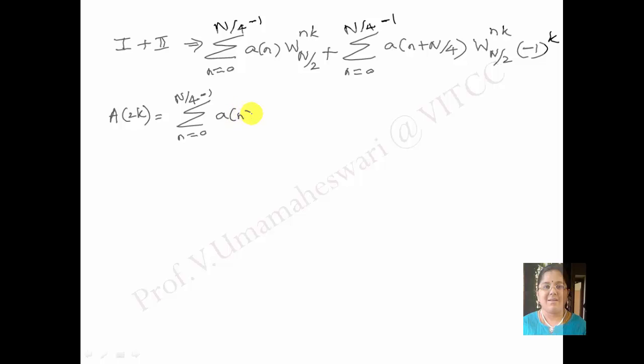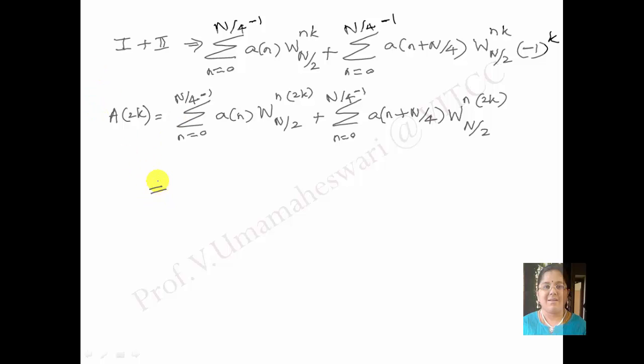Okay, so for a of 2k, this will be the expression, w n 2k to the base n by 2, plus n equals 0 to n by 4 minus 1, a of n plus n by 4, into w n 2k to the base n by 2, into minus 1 the whole power 2k will become 1.